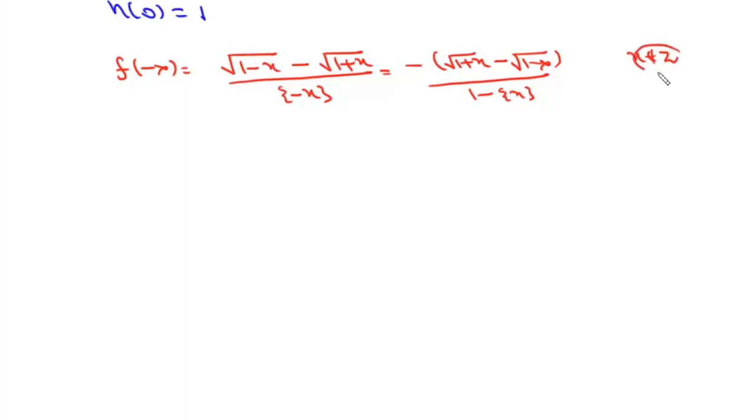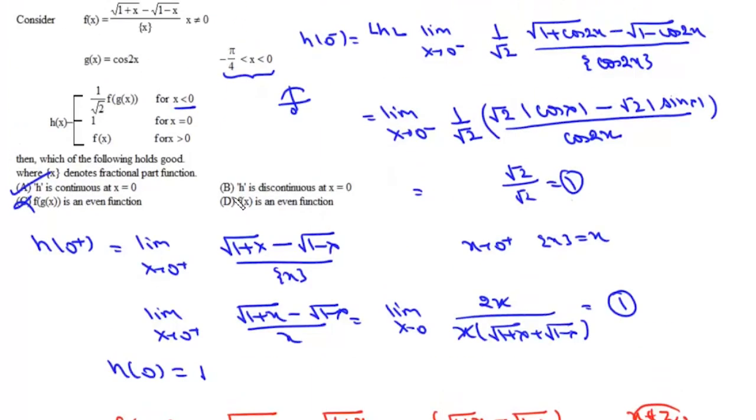In the domain of fx, we do not have integers, but this is clearly not equal to fx or f minus x. So this function fx, it is not an even or odd function. That means this option D is also incorrect. So the only correct option is this option A.